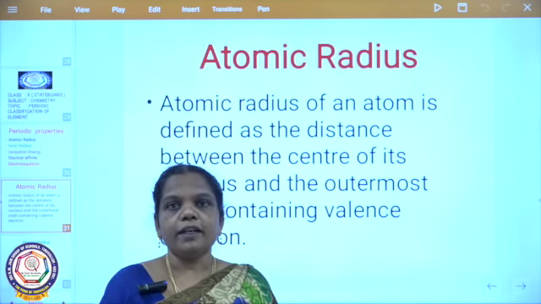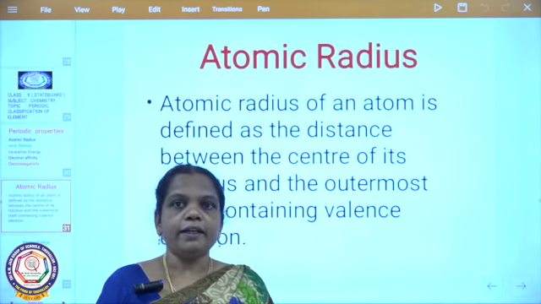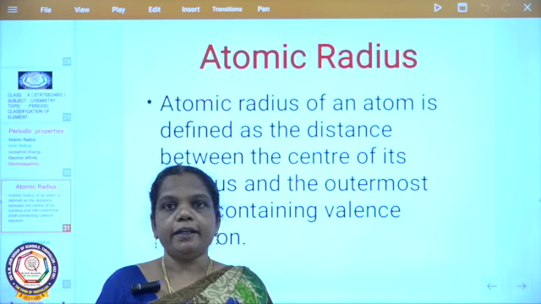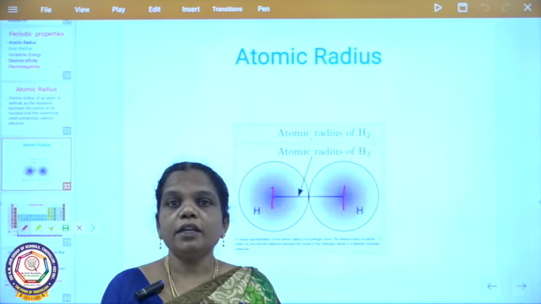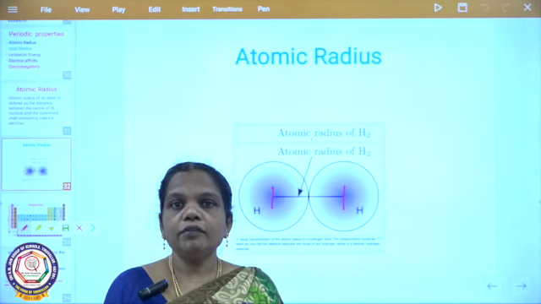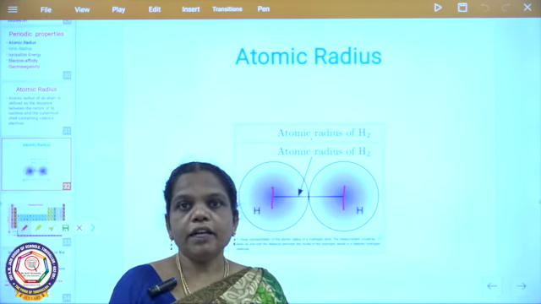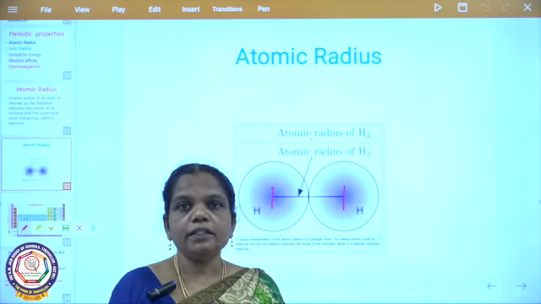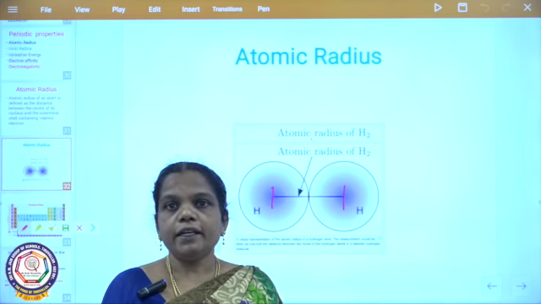For that we use the covalent radius or metallic radius. We cannot calculate the atomic radius accurately for an atom because they exist unstable, so we calculate the atomic radius based on the covalent radius or metallic radius.